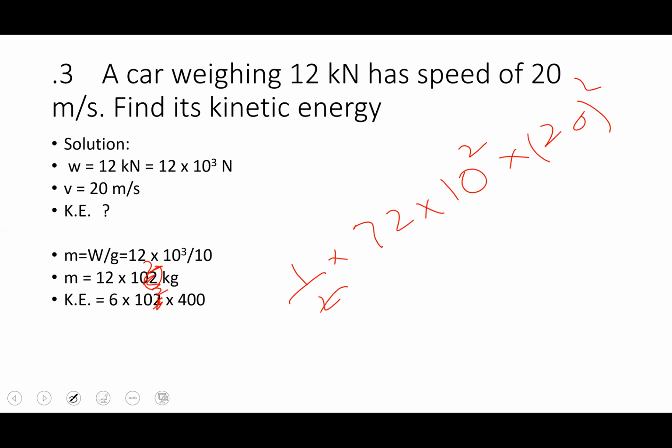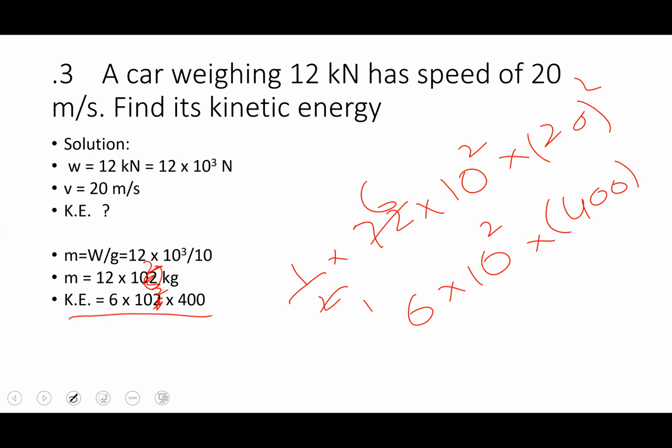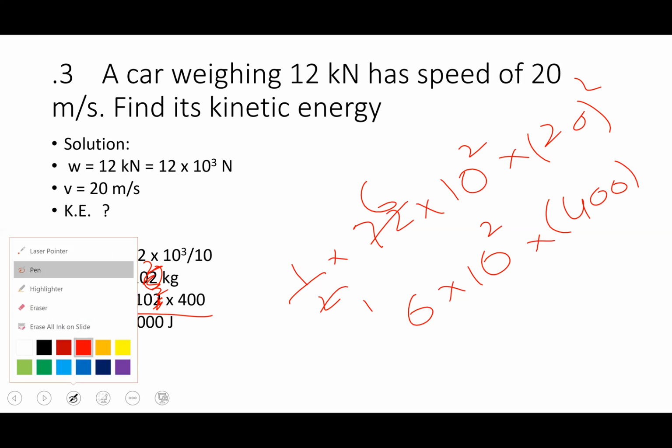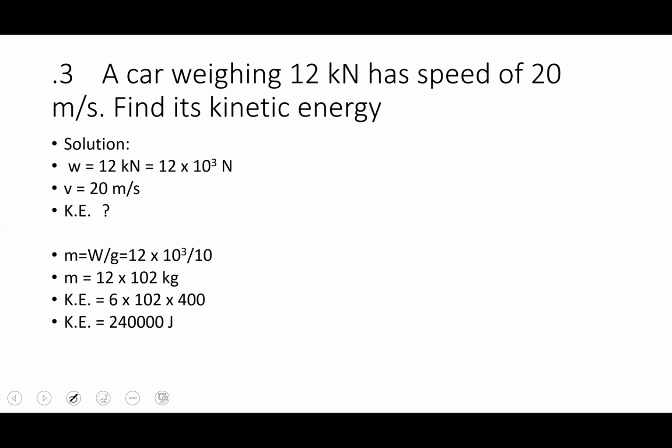So it will be 2 ones are 2, 6 are 6 into 10 to the power 2, or we can say the square of 20 is 400. So that is why I have written kinetic energy is equal to 6 into 10 to the power 2 into 400. So the value of this whole thing will be equal to 240,000 joule. Or we can say in simple words that 240 kilojoule, and that is our answer as well for the kinetic energy.